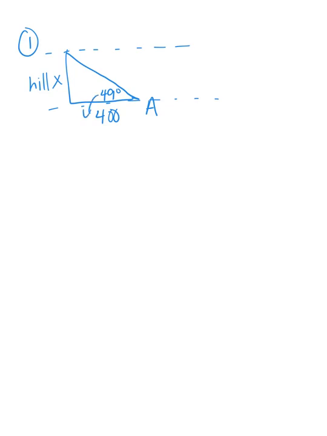This is your adjacent. This is your opposite. So obviously you have O and A, right? So you always put the angle next to the trig function, and you put the opposite over adjacent.